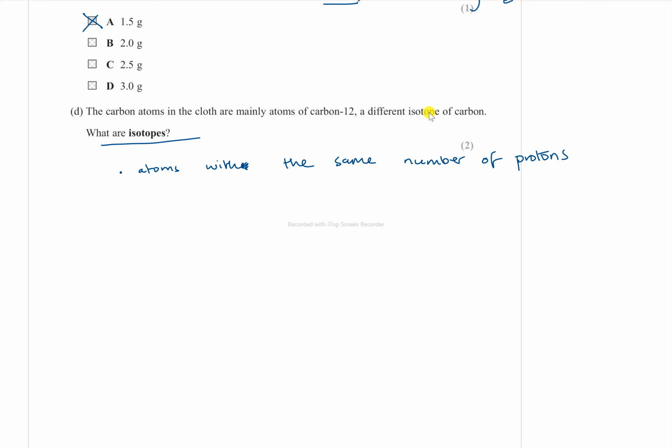But let's stick to this: but different number of neutrons. That's the definition they've given. All we put in front was this: atoms of the same element. That's all we did. Right, good. Let's move on.